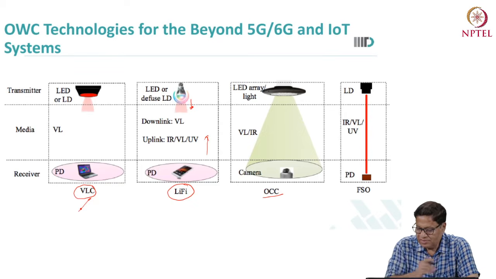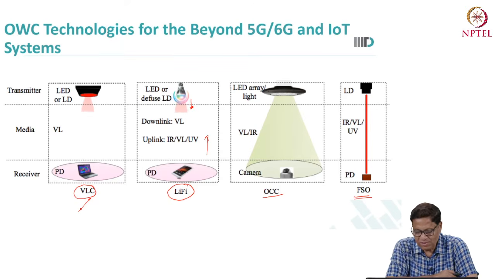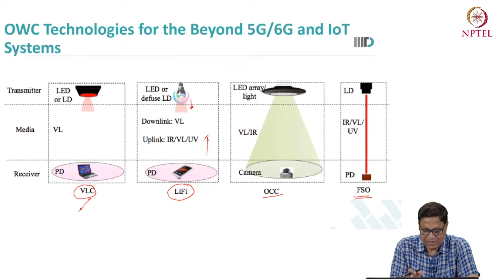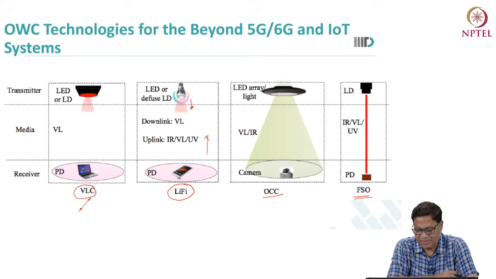The fourth technology is free space optics. This is not indoor. All the previous technologies which I have mentioned are mainly indoor. This is an outdoor technology, free space optics.